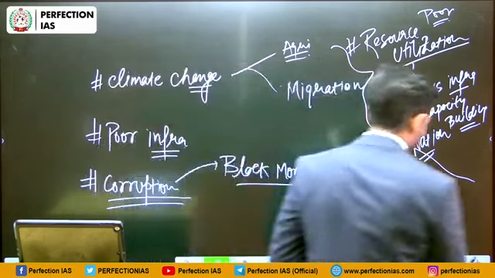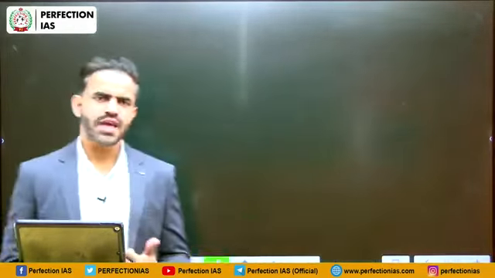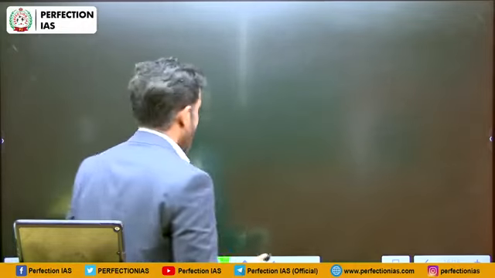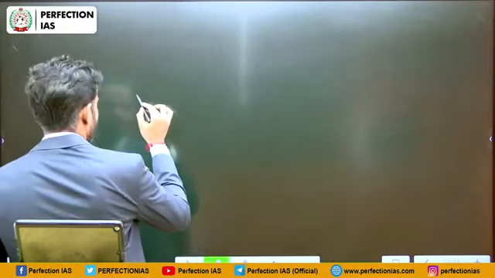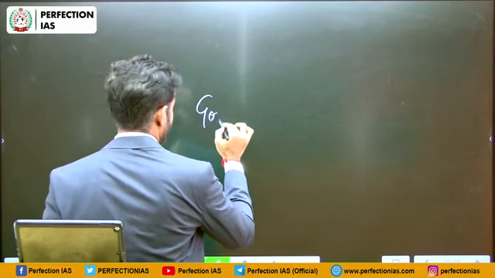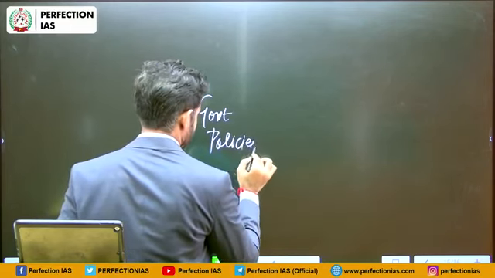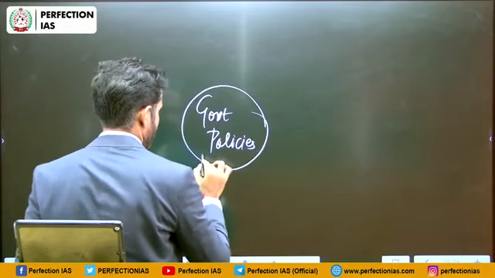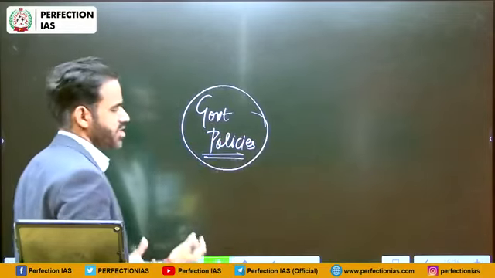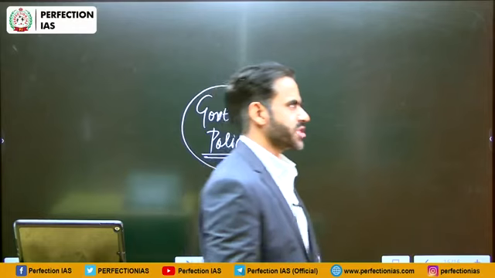Okay, so these were some of the factors. Again, you can add your own points into this. The list is not exhaustive. Now we are going to discuss the government policies or government schemes, government initiatives for poverty eradication.